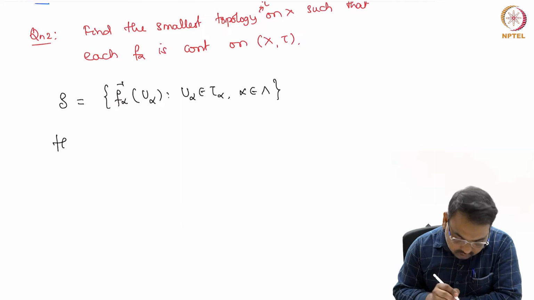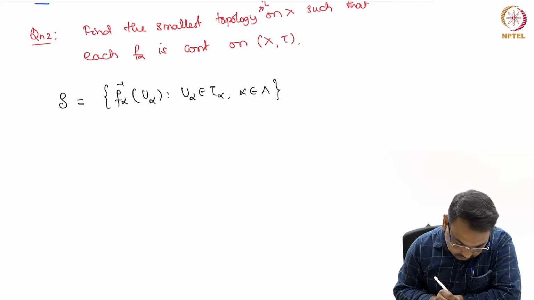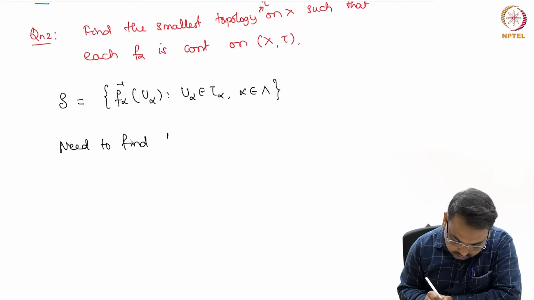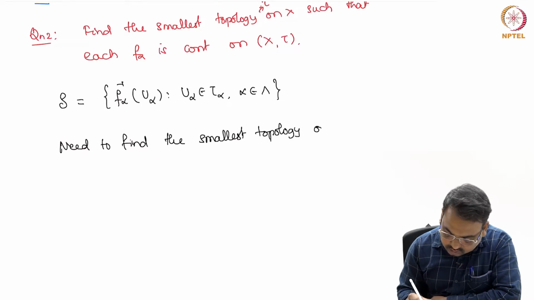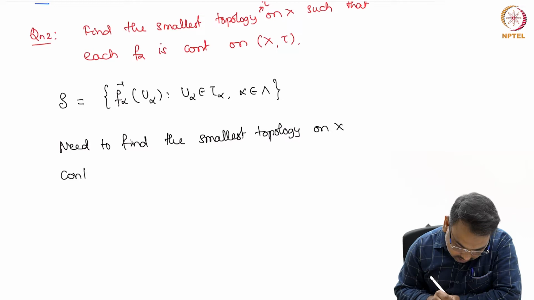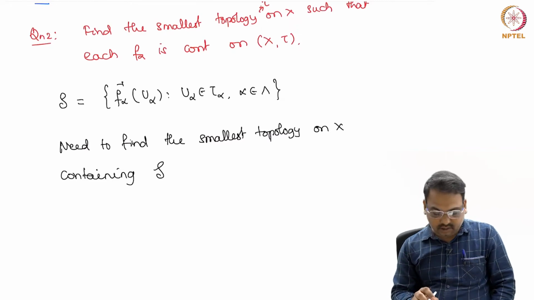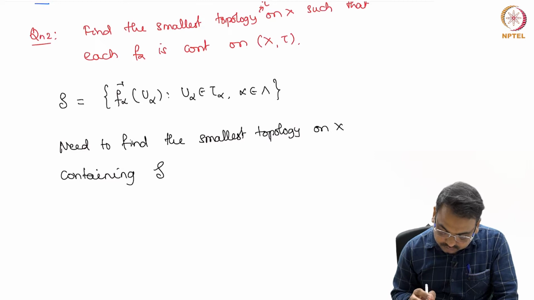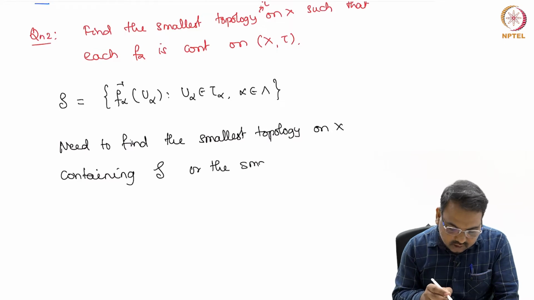So what we require is the following: we need to find the smallest topology on X containing the collection S, or the topology generated by S.